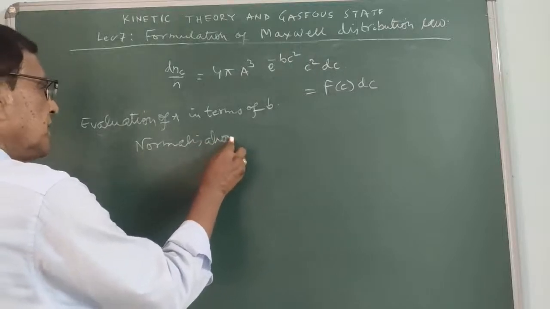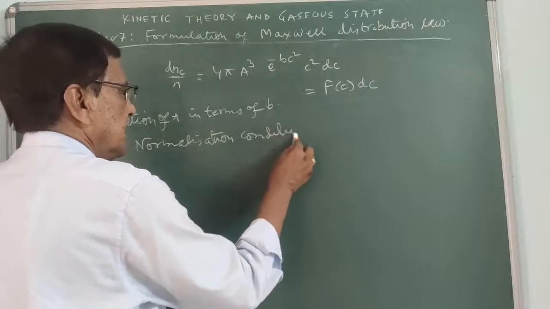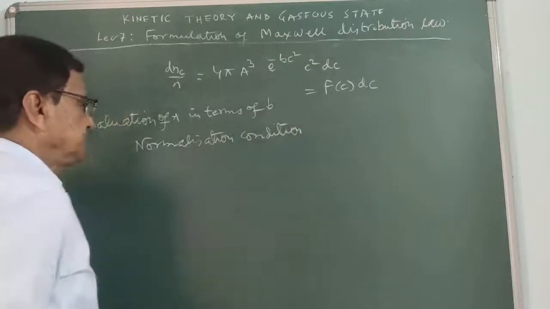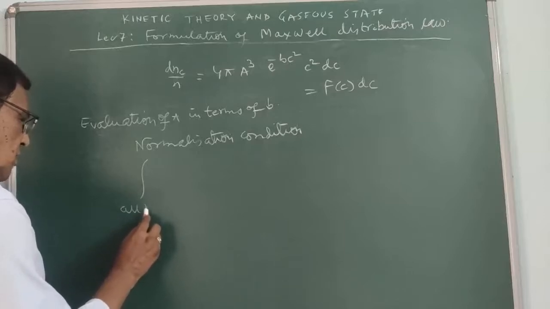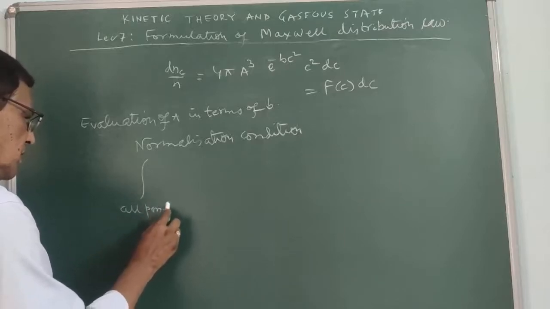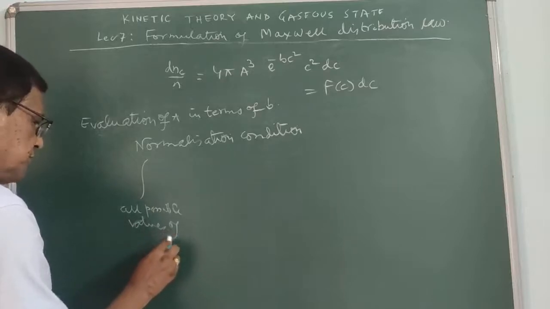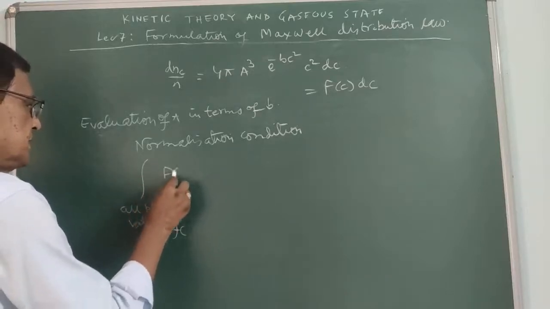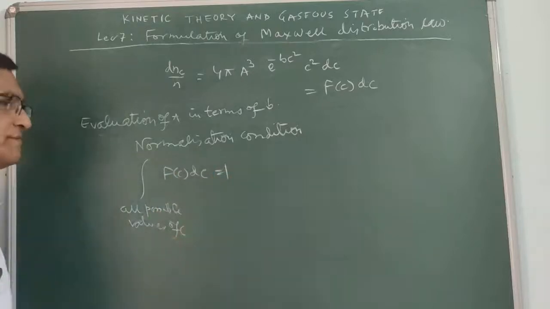this is very popular in quantum mechanics. The normalization condition means that over all possible values of c, the integral of f(c) dc equals 1.